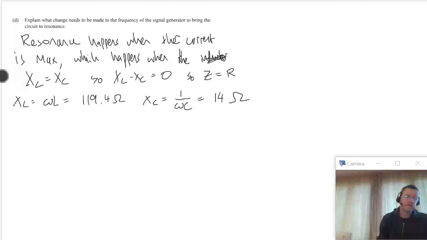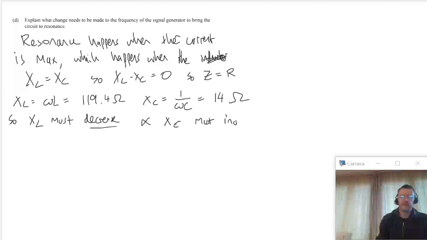Alright, so XL must decrease and XC must increase.